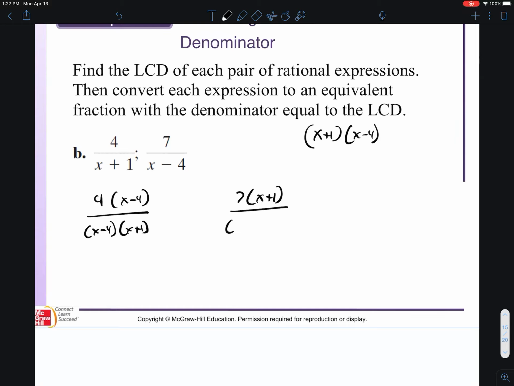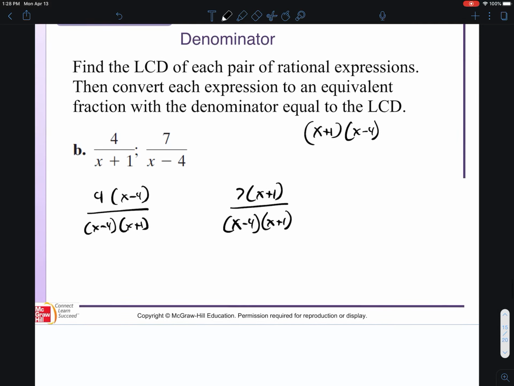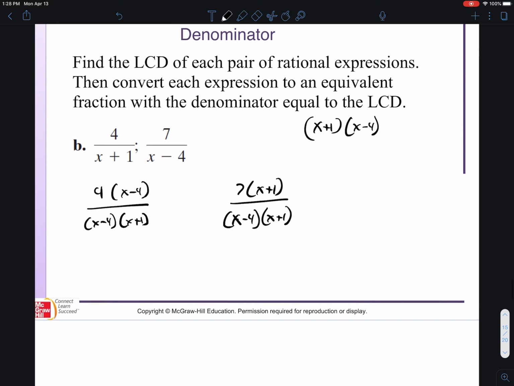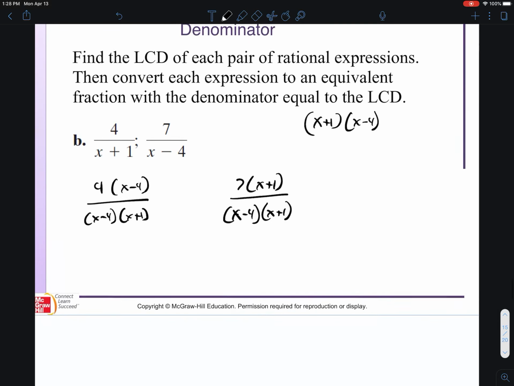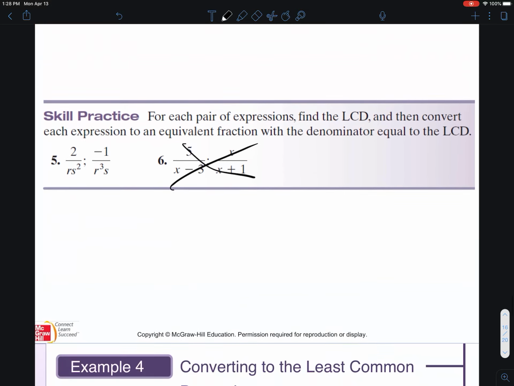So I have x plus 1, x minus 4, x plus 1. It doesn't matter how you fit them in there. So those are equivalent expressions. If I were to cancel out the x plus 1 on the right, I'll end up with the original, which is 7 over x minus 4.